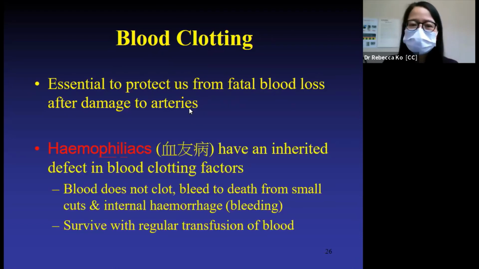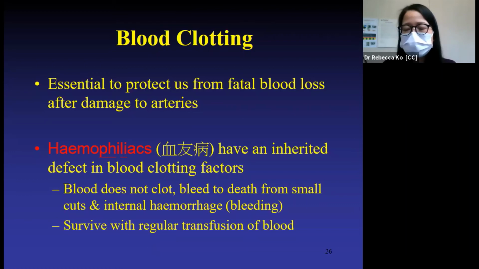So how is it done? We'll discuss it. But there's a group of people who have inherited defects in the blood clotting factors. If there is a small cut of the blood vessel, they will keep bleeding. The blood does not clot and they bleed until death.